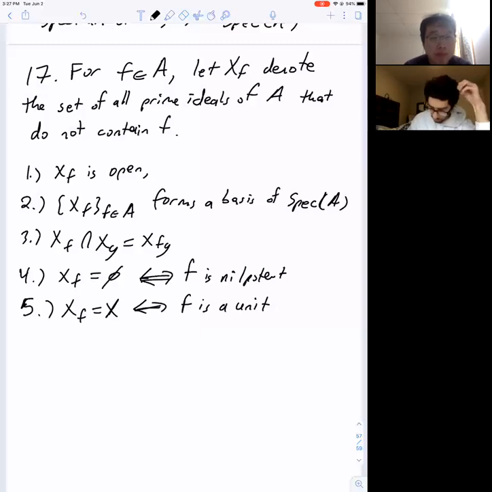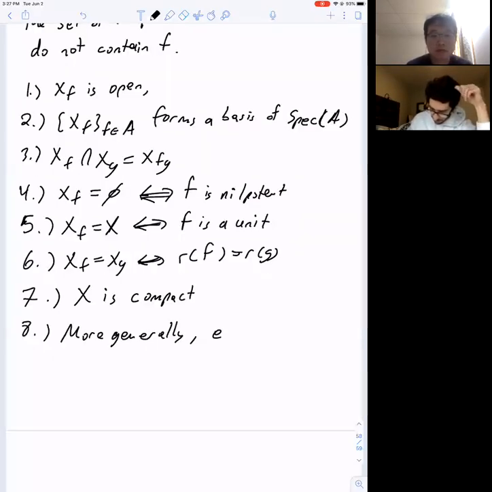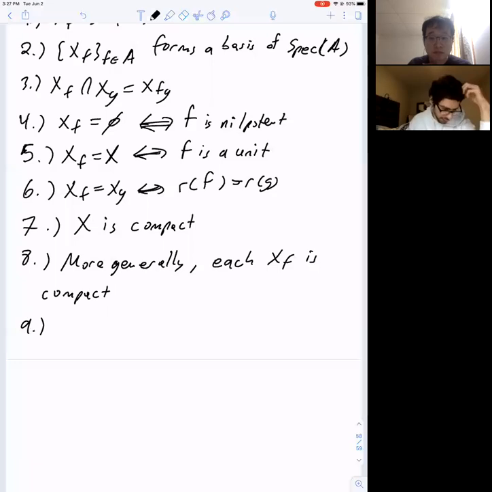And we have to know when they're equal. We have to know if the space is compact. And we have to know when open sets are compact.